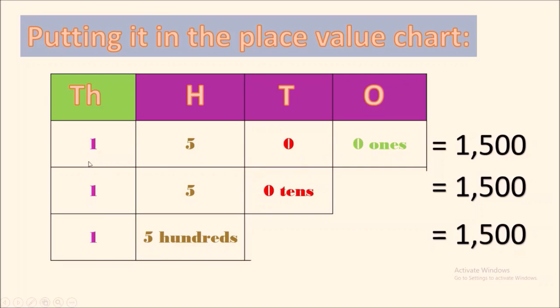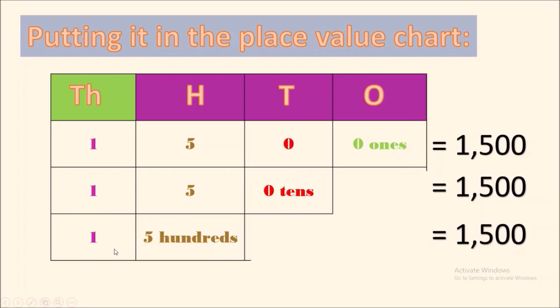So the number of ones in 1500 will be 1500 ones. To know how many tens are there in 1500, we have to take all the digits that are till tens place. So we have 1, 5 and 0, that becomes 150 tens.